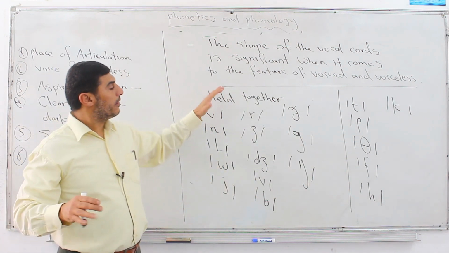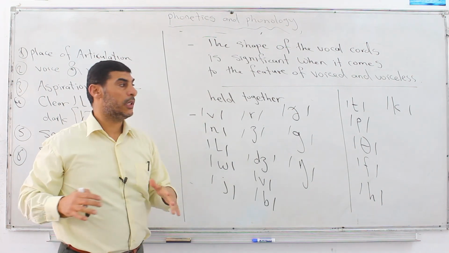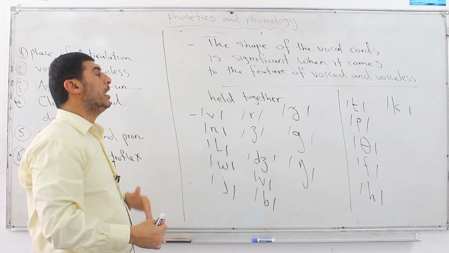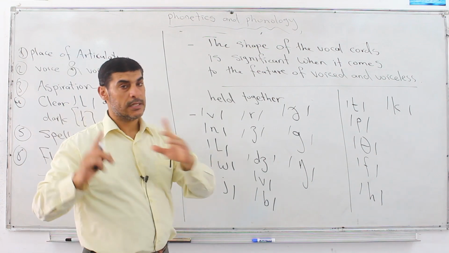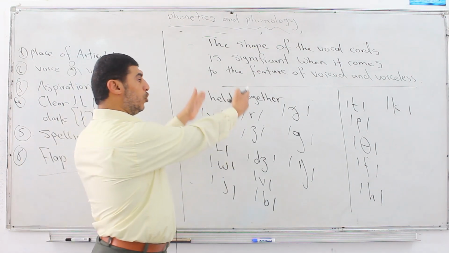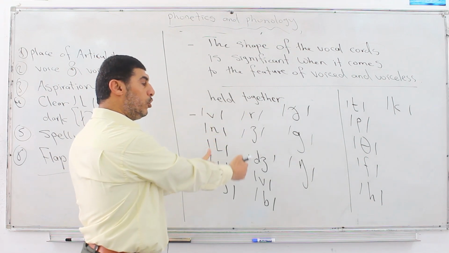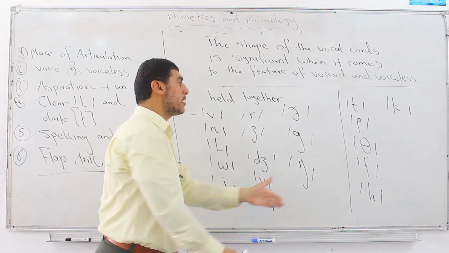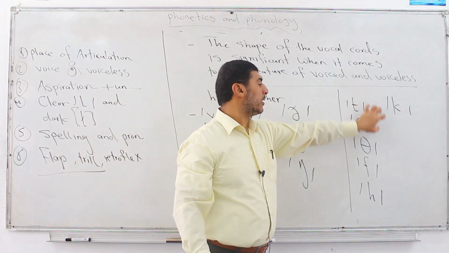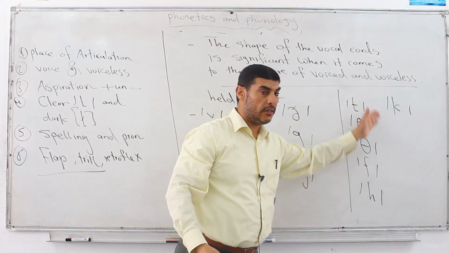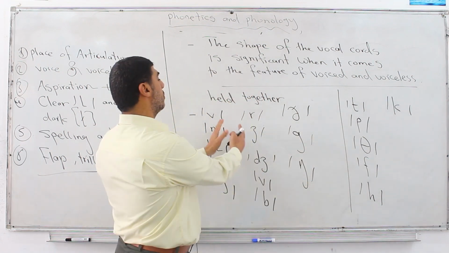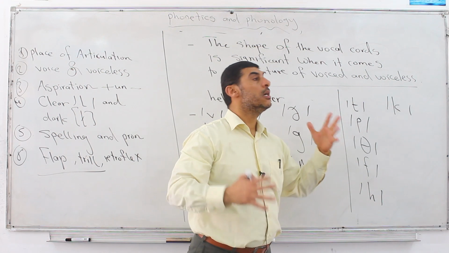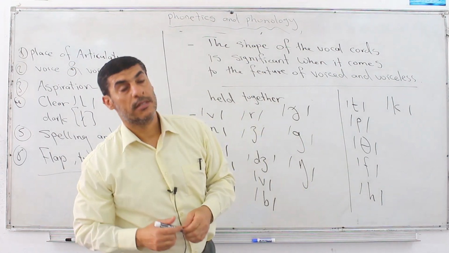The only thing you should take into consideration when describing consonants as voiced or voiceless is that the vocal cords vibrate during the production of voiced consonants. On the other hand, the vocal cords do not vibrate when producing voiceless sounds.